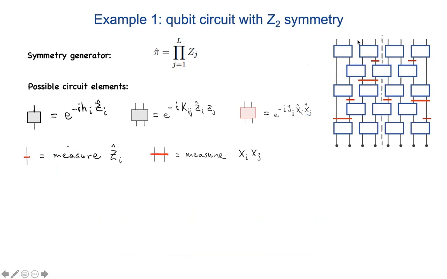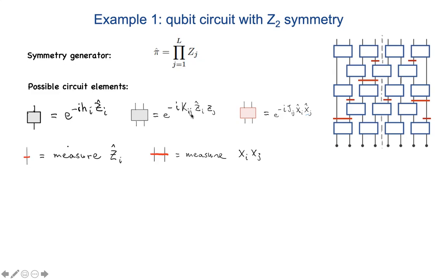Here to the right, you see a circuit, and the symmetry generator of a single circuit state is, for example, let's call it parity. It's the product over all the qubits of Zj. So what are the possible circuit elements? Possible elements are single site Z rotations. You can, of course, also have ZZ, and also three-site ZZZ.